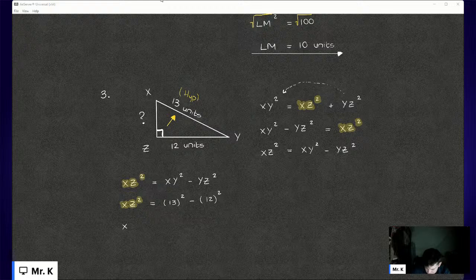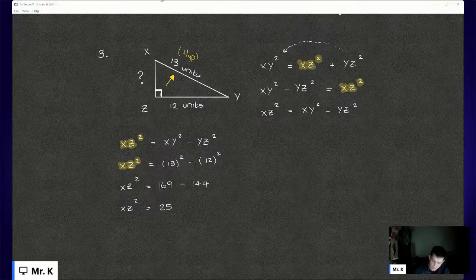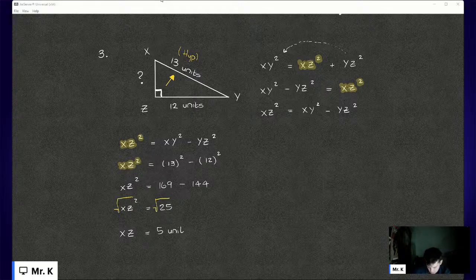Again, you can complete this sum in your calculator, but for those that don't have a calculator, 13 squared is 169, while 12 squared is 144. So XZ squared then has a value of 25 units, but we do not want XZ squared, so we will go ahead and square root both sides of the equation so that XZ as a length on its own has a value of 5 units.